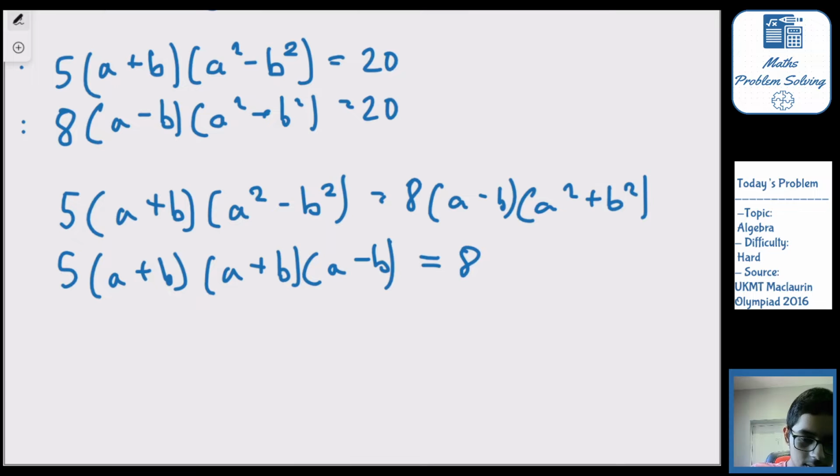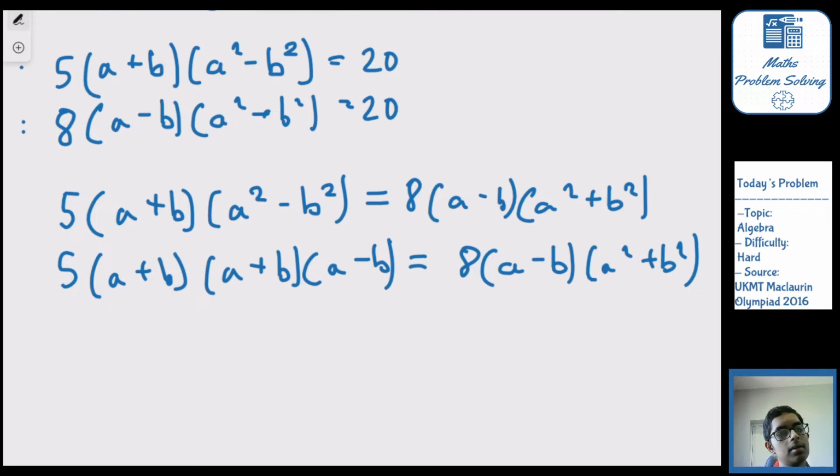Sorry, this is an equals sign, not a plus sign, that's what I meant. A minus b, a squared plus b squared.